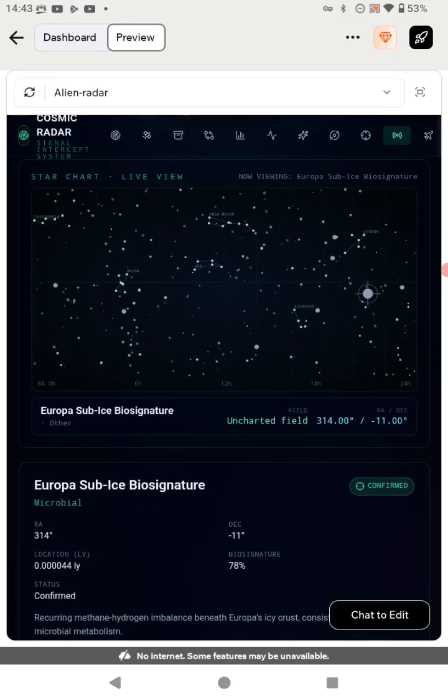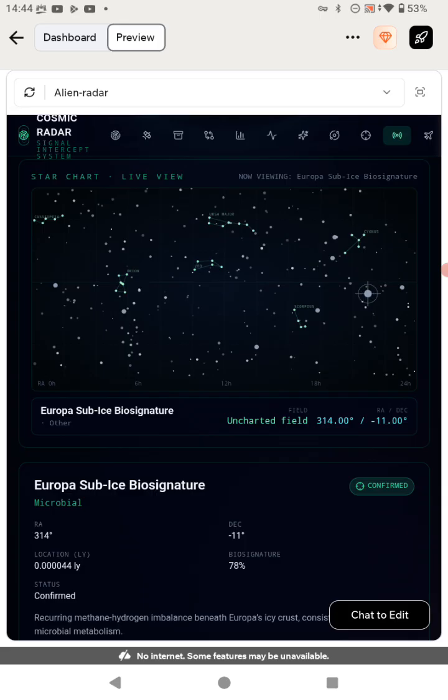Again, there's the star chart. Europa sub-ice biosignature. Uncharted field, 314.00 degrees over minus 11.00 degrees. Again, the location, I think of one of those alien life planets.